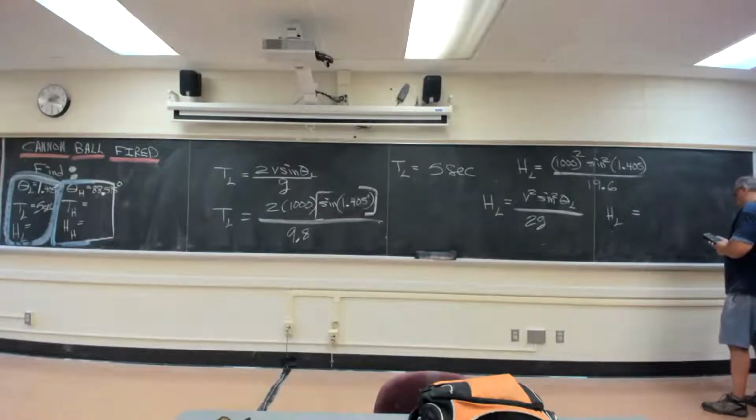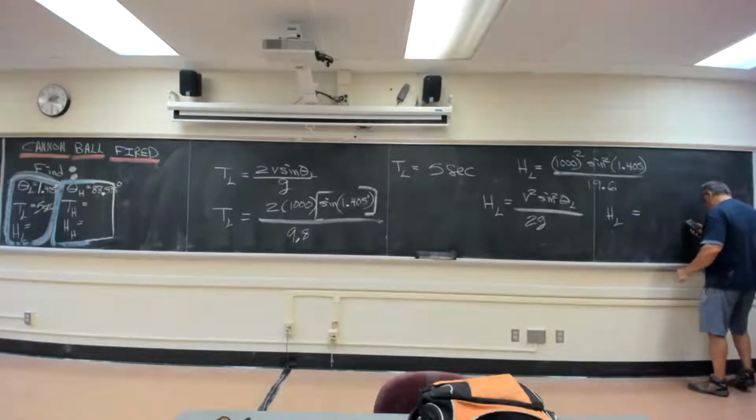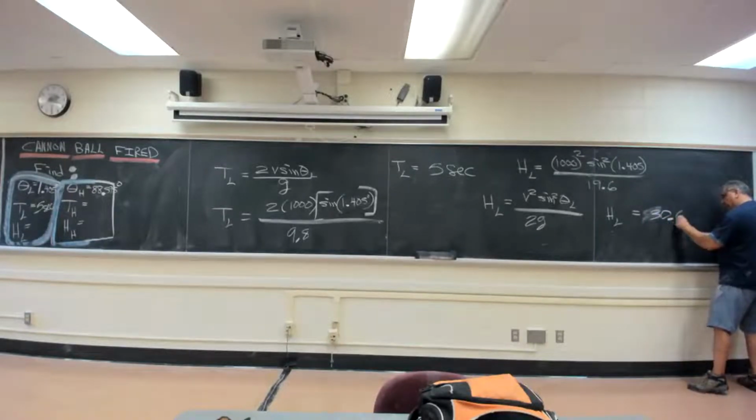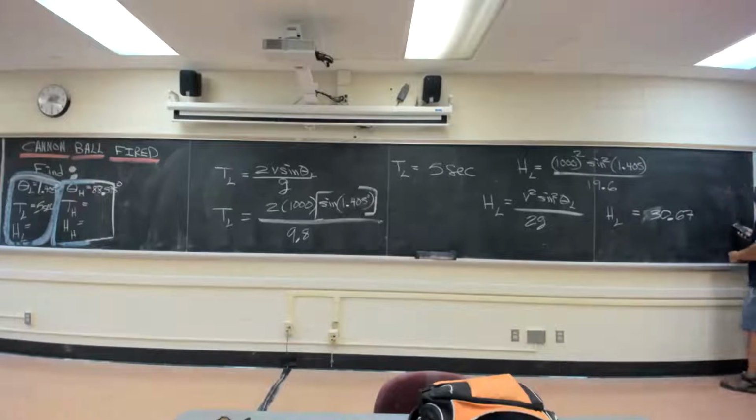Sine 1.405 times sine 1.405. Wow, at its apex, it's not going that high. That 5-second journey, it's 30.67. 30.6735, that's the height.